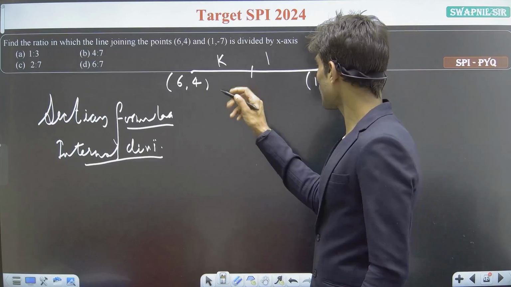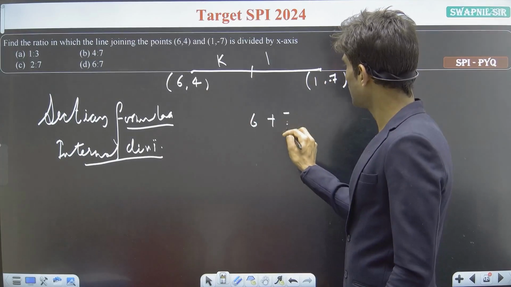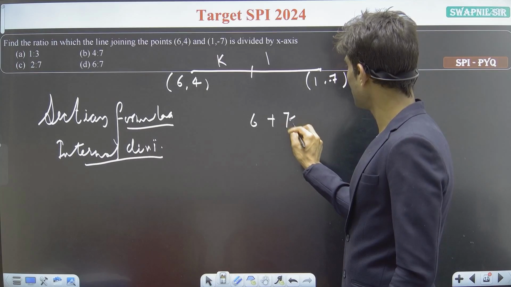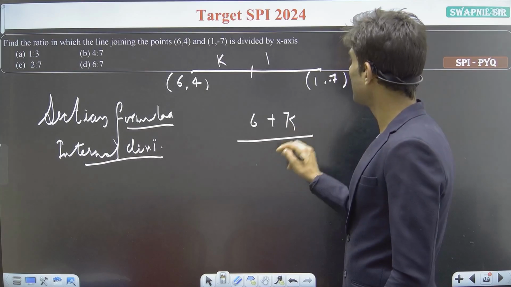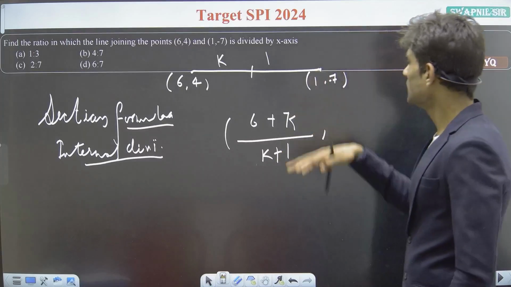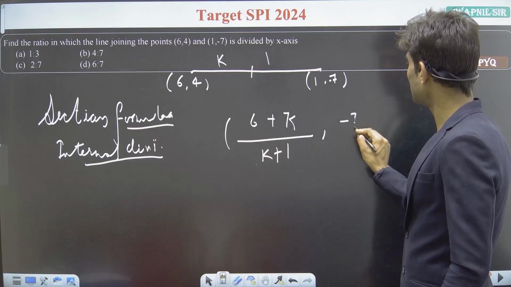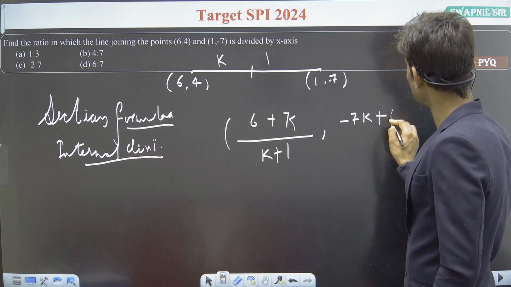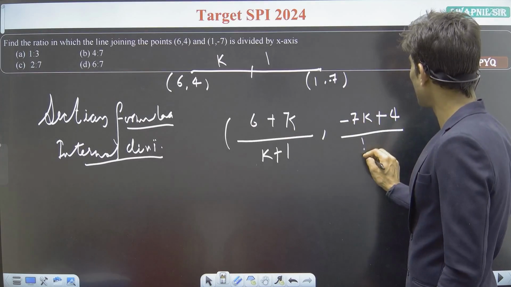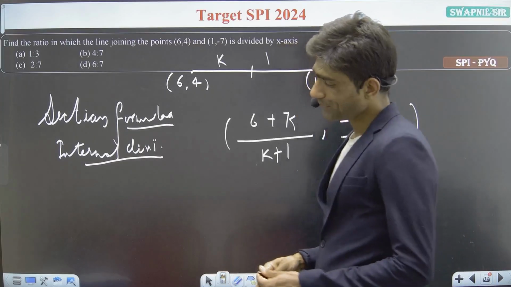So we write (6 into 1 plus 1 into k) divided by (k plus 1), which is the first coordinate from the section formula. Second, by using the section formula similarly, (minus 7 into k plus 1 into 4), which remains 4, upon (k plus 1) is our second coordinate here.